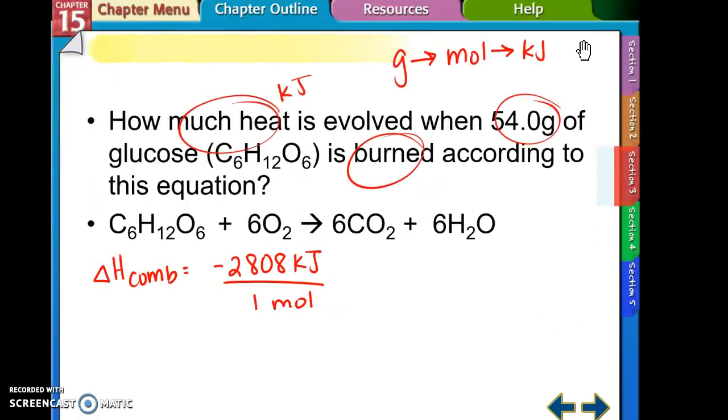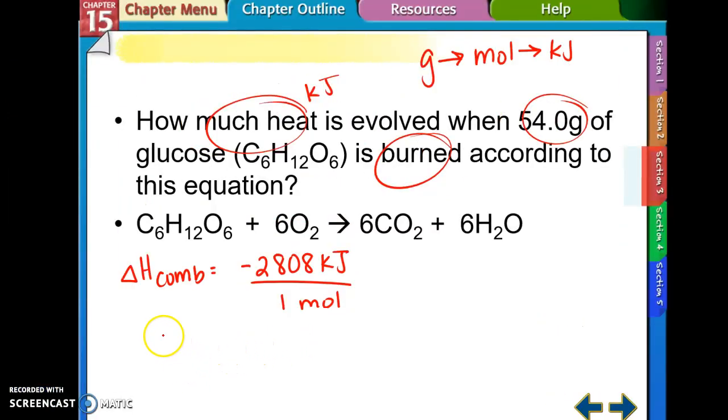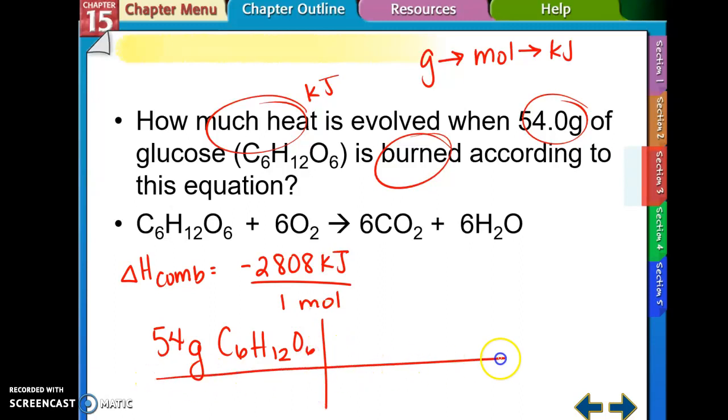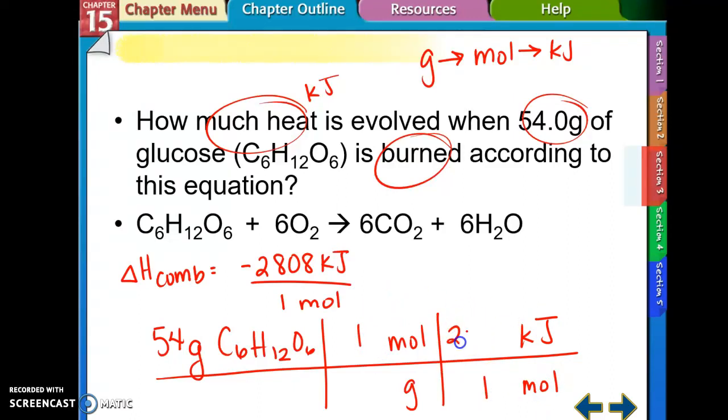So I'm going to set this up as a conversion, and I'm going to go from 54 grams of glucose, C6H12O6, and from grams of glucose, I'm going to go to moles of glucose. Grams goes on the bottom, and from moles of glucose, I'm going to go to kilojoules. Both moles get a 1. Kilojoules gets that 2808.